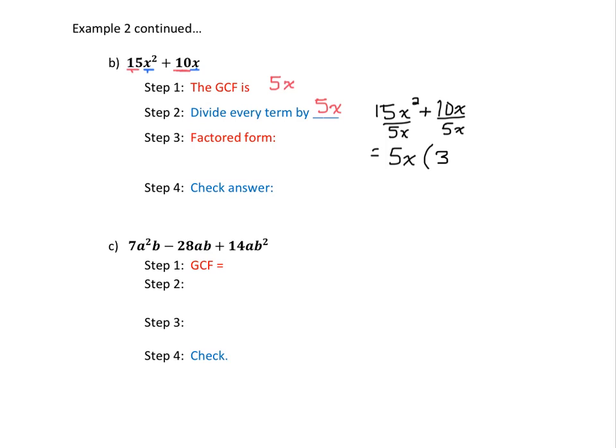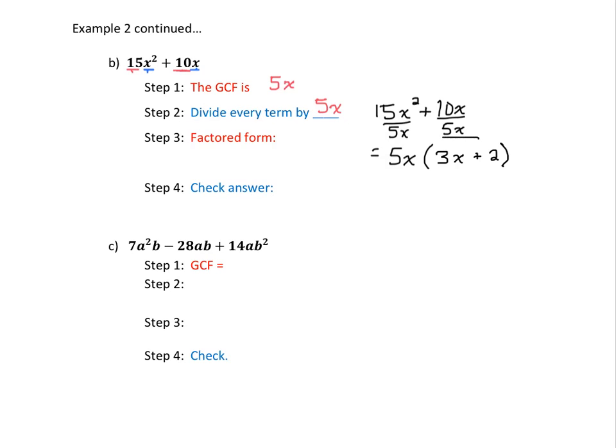So we write 3, and x squared divided by x just equals x. Remember, you're dividing two powers with the same base, so you need to subtract the exponents. 10 divided by 5 is 2, and x divided by x is just 1, so we just leave our 2 in the second term. And this is our factored form.